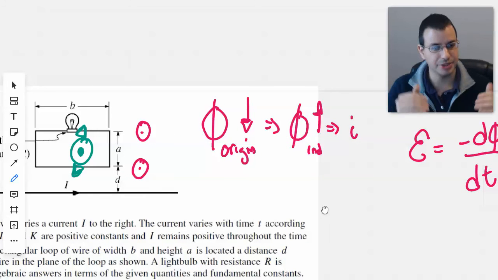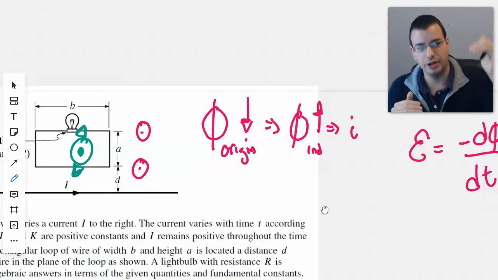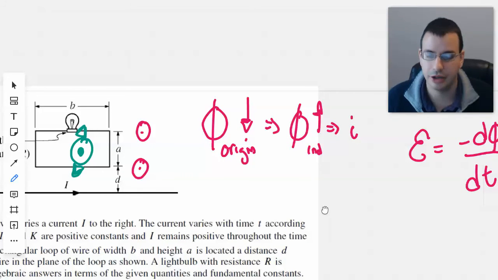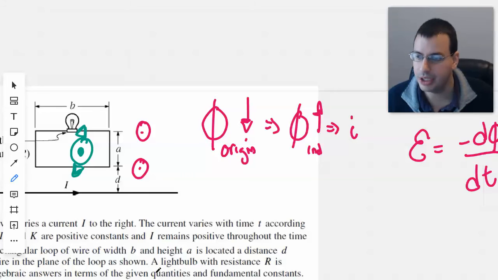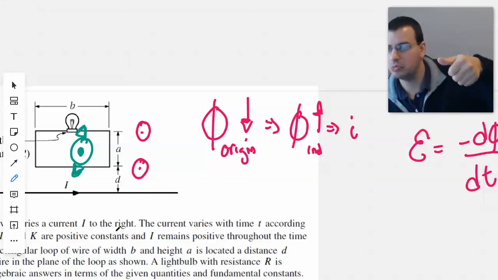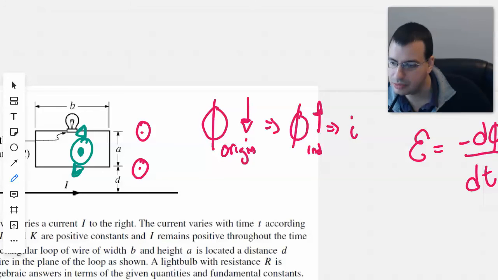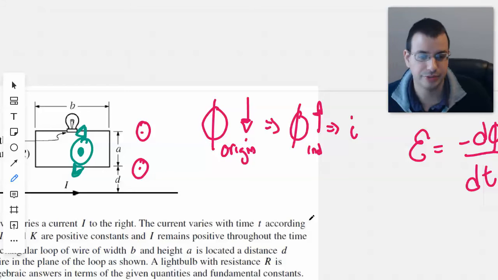So it's trying to compensate for the dropping magnetic field by creating another magnetic field that supports it. So it will be clockwise? Counterclockwise. There we go.